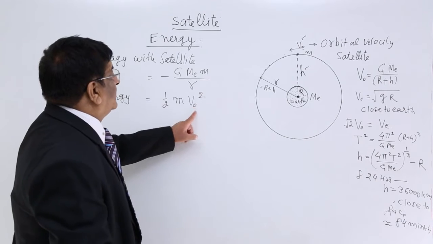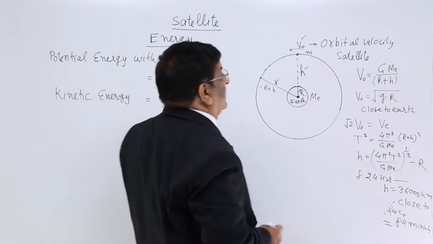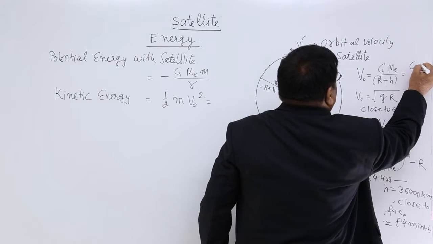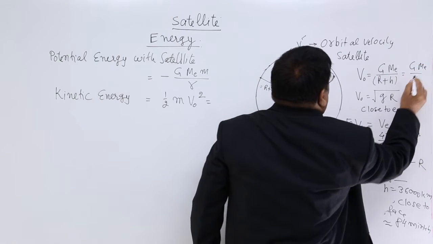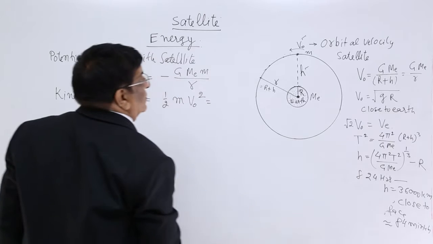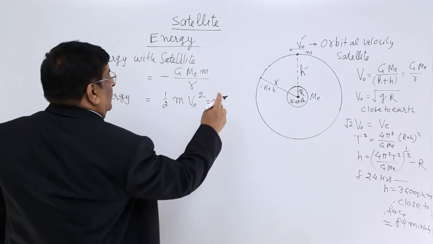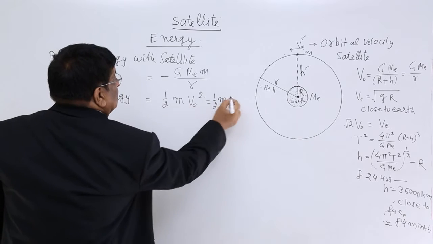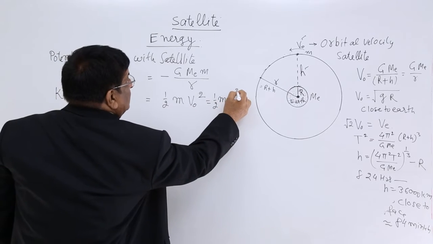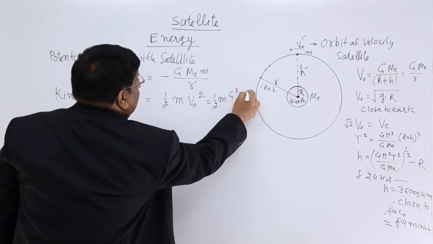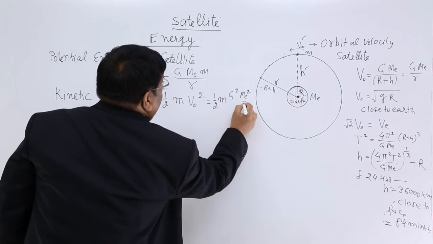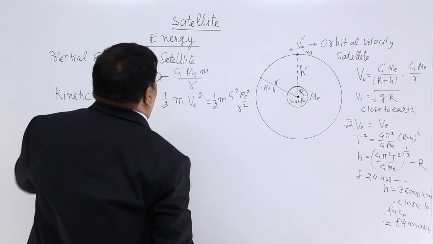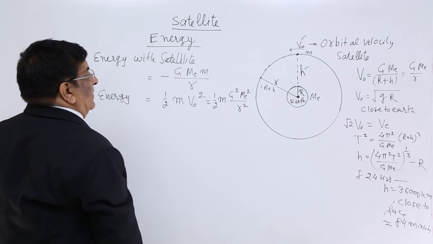And here we put the value of v orbital, which we can write as root of G Me upon r. So we have to make the square of it.